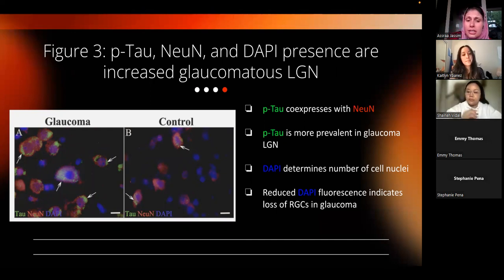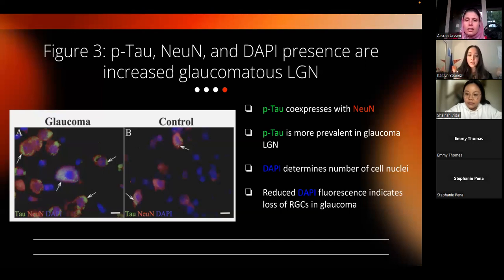So what we are seeing here, this is the retina, and these circles are the retinal ganglion cells marked by the NeuN. Now, when we see that there is co-expression of p-tau and NeuN in the same cell, what does that indicate? What I found is that I thought that phosphorylated tau was totally bad, but truly phosphorylated tau is needed in some amounts normally because it helps in some sort of communication between the axons, I believe.